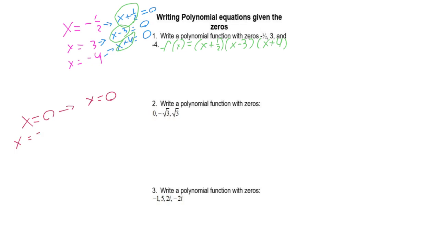X equals negative square root of 3. That's going to become x plus square root of 3 equals 0. X equals square root of 3. That's going to give us x minus square root of 3 equals 0.